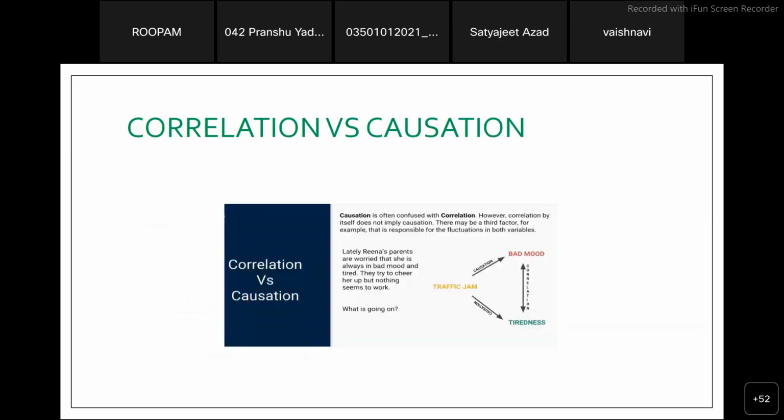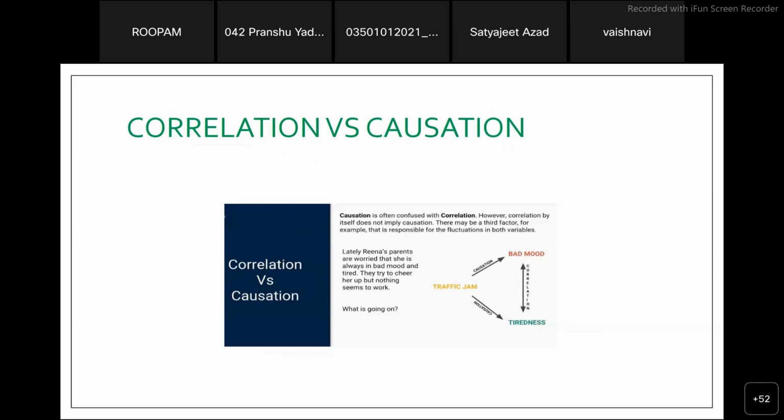Now, just to sum up correlation and causation, there is a third factor here. Just see the traffic jam that was creating a bad mood, and so it was translating into tiredness. But this traffic jam is missing here. If someone sees you in bad mood and tiredness, they will feel that due to bad mood you are tired, but nobody knows it was a bad day for you, that you were in a traffic jam for, let's say, 5-10 hours.